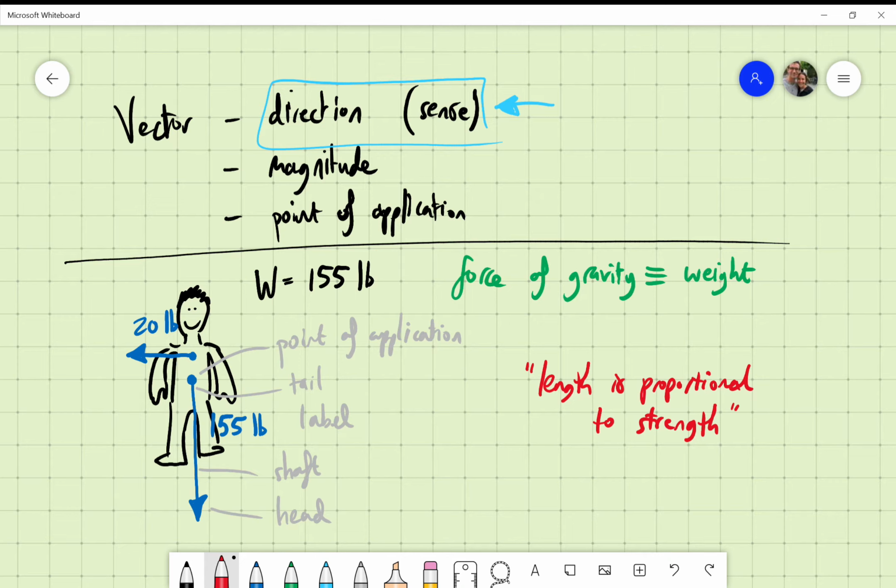If you can show your arrows as being in correct proportion to each other, you should, because then there are other things that you can do later on which will get easier. But sometimes it doesn't make a lot of sense. Like if I were to actually show that 20-pound vector proportional to the one which I started with, the 155-pound vector, the 20-pound one would be really small, so small as to be almost annoyingly small and not very usable. So I actually made it a little bigger than it would have been if I had been drawing to scale.